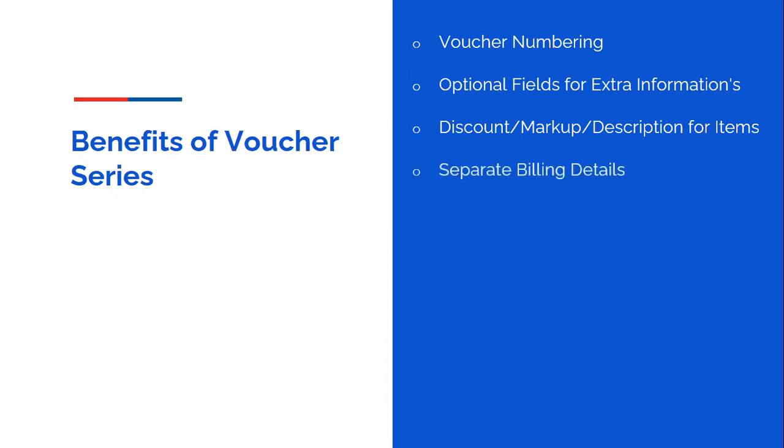The next point is separate billing details. If you are adding a sale, then you have to select a customer, you know that. At the time of transaction, if you are creating a sale voucher, then you have to select the customer, the party.